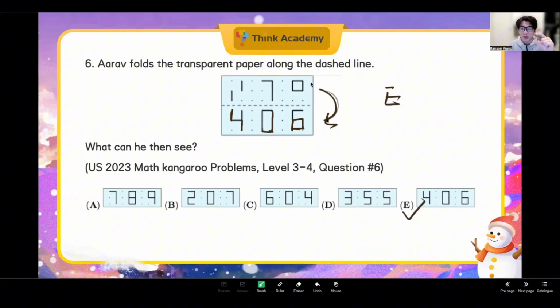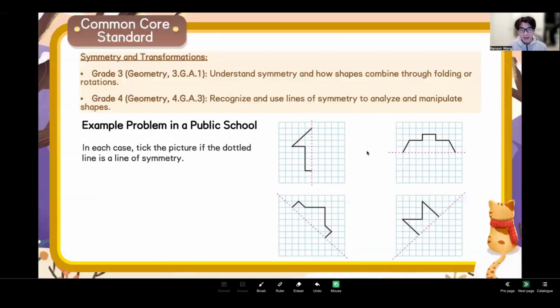You should have the same distance to the axis of symmetry. For example, from here to here you have 1 unit, and from here to here you also have 1 unit. That's how we make sure it's totally symmetrical. That's how we solve the sixth question.